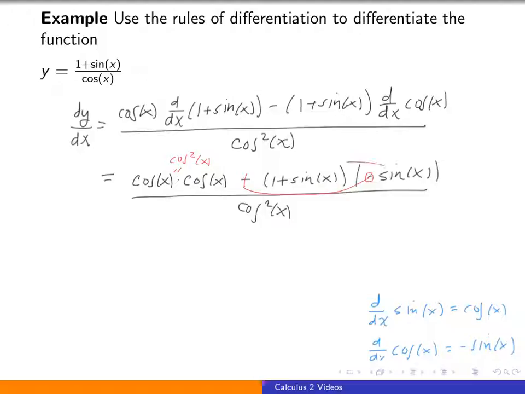And then the sine distributes. So in the top you have cosine squared plus sine squared plus sine. And cosine squared plus sine squared is 1. So we'll have 1 plus sine all divided by cosine squared.